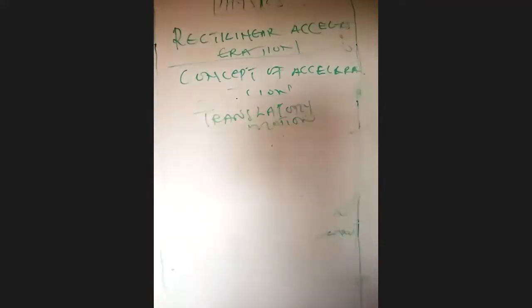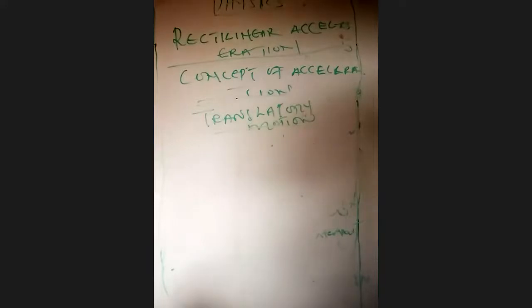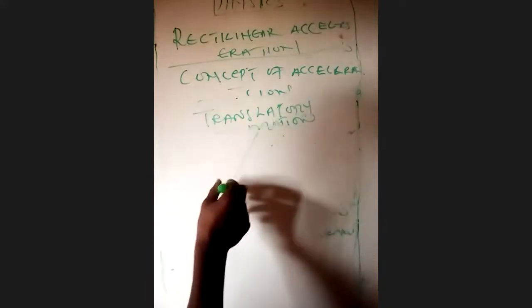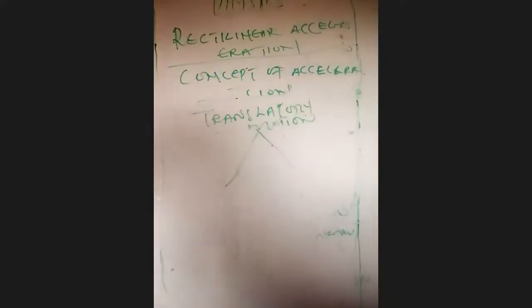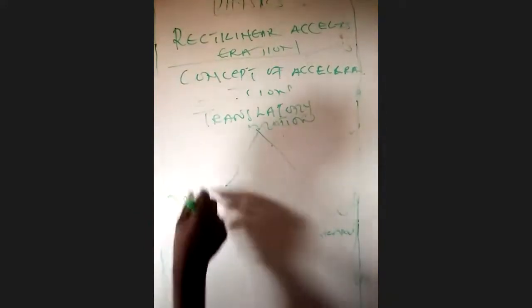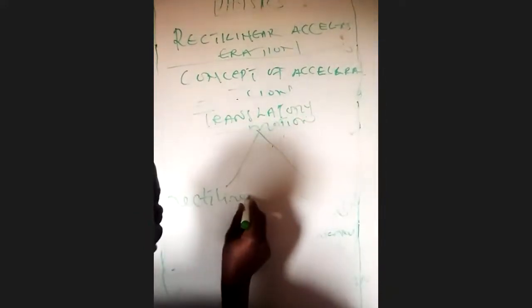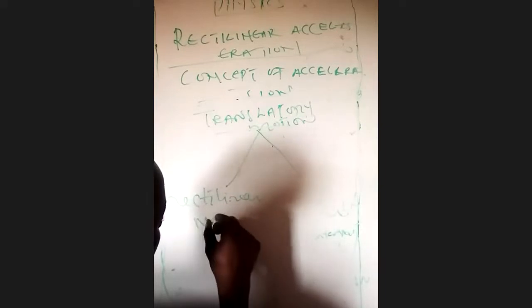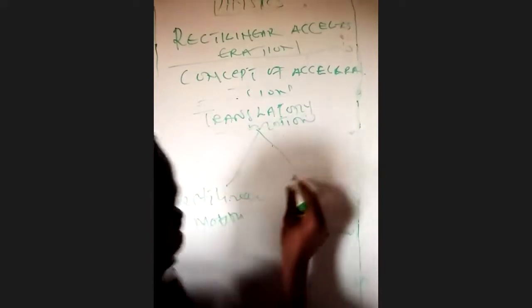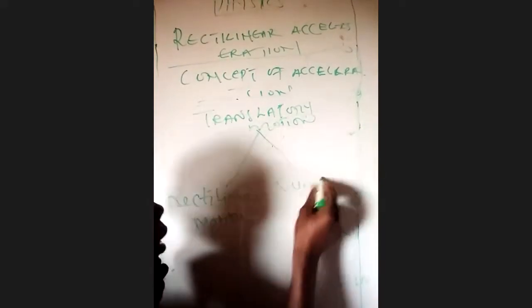Translatory motion is also grouped into two. Here we have rectilinear motion and curvilinear motion.